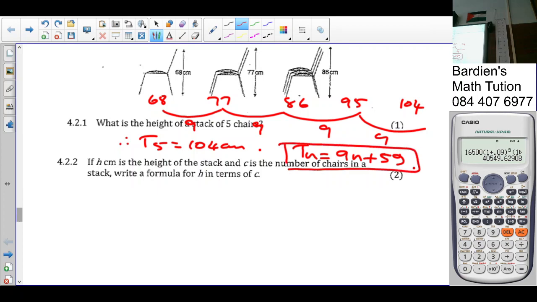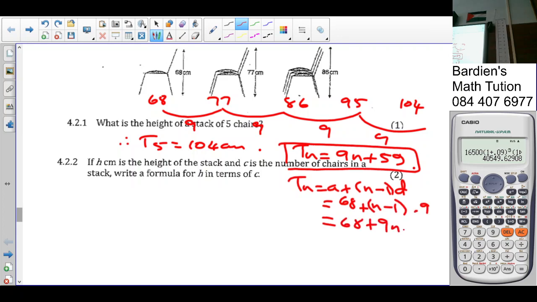Now if you didn't know that, no problem. You follow Tn is equal to a plus (n minus 1)d. Your a value is 68 plus (n minus 1) times your 9 is 68 plus 9n minus 9, which is 9n plus 59. Same thing. Okay? Either way you decide is fine. But the question didn't say to give your general term in that form.